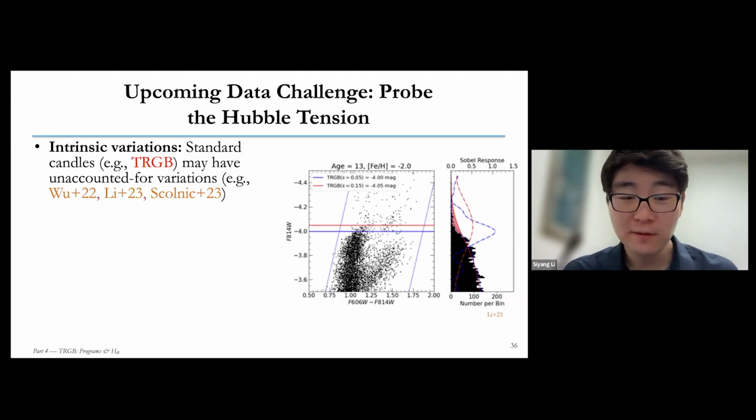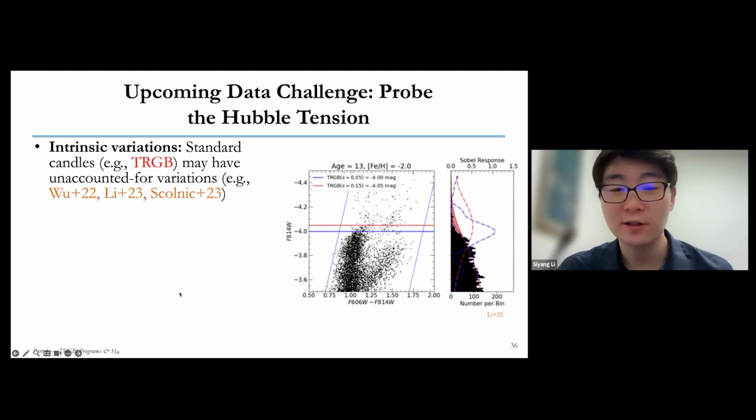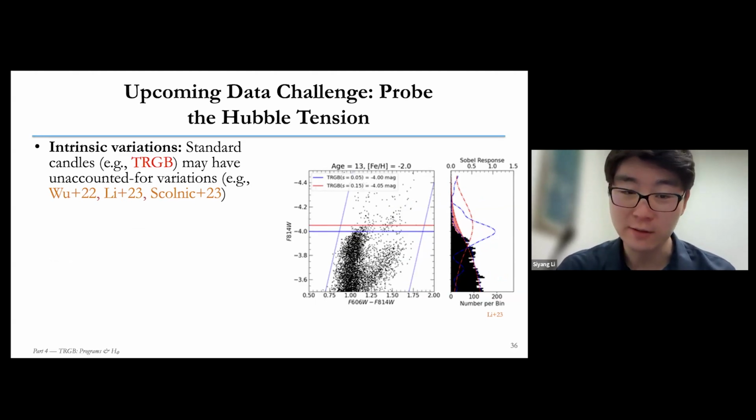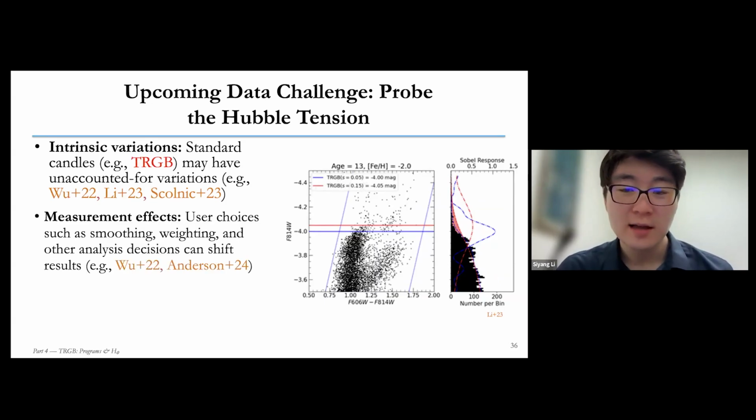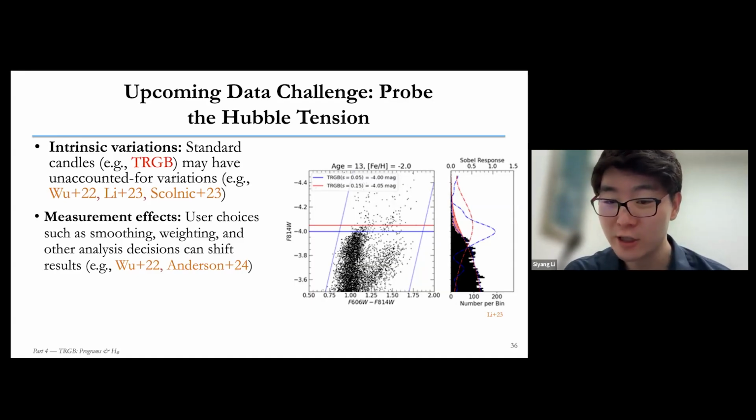As I mentioned before, there are variations that we observe in the TRGB that can arise due to intrinsic variations, for instance the contrast ratio which the CATS team observed. There are also different measurement effects. As I emphasized before, you make different measurement choices when you measure the TRGB.